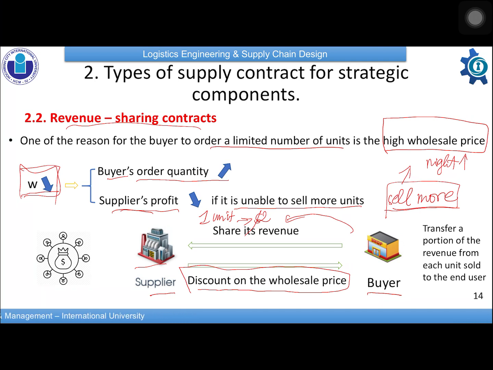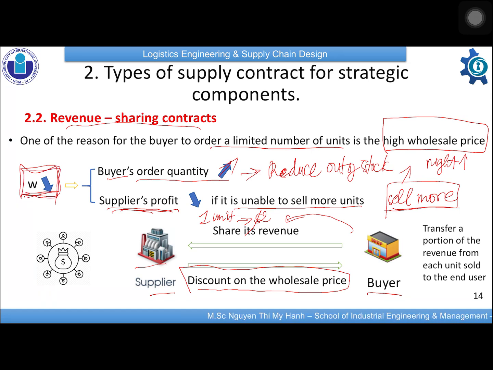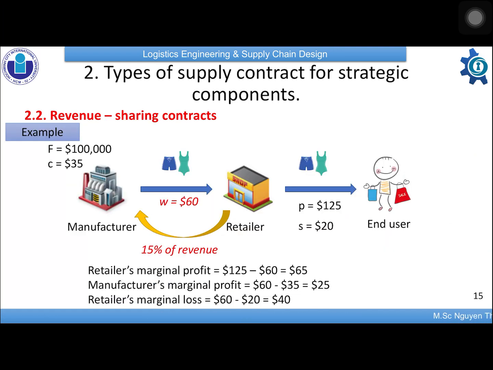So the buyer's order quantity increases, they can reduce the out of stocks and might increase the profit. And the supplier also makes sure that the buyer shares revenue with them, so they just offer the discount on the wholesale price. And we go back to the example.